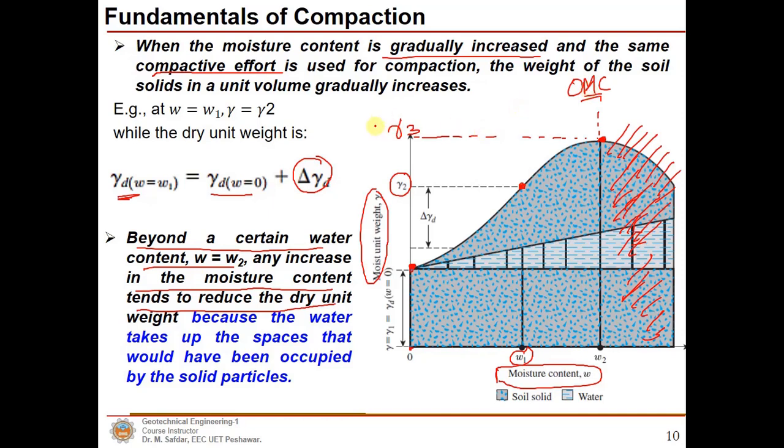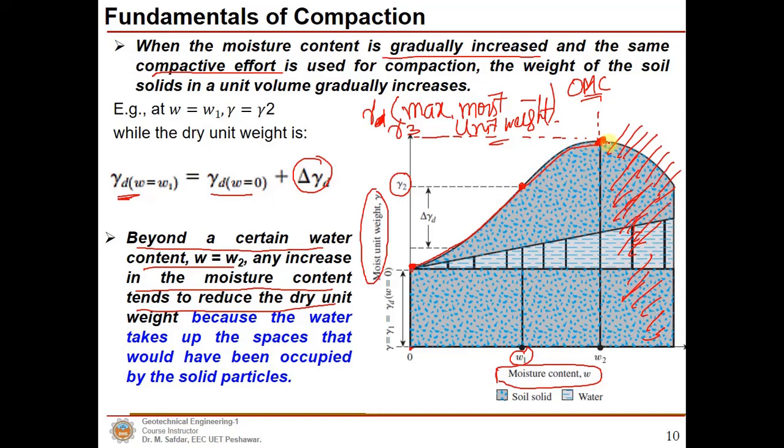And this is plotted as moist unit weight, so we can call that gamma, the maximum moist unit weight.